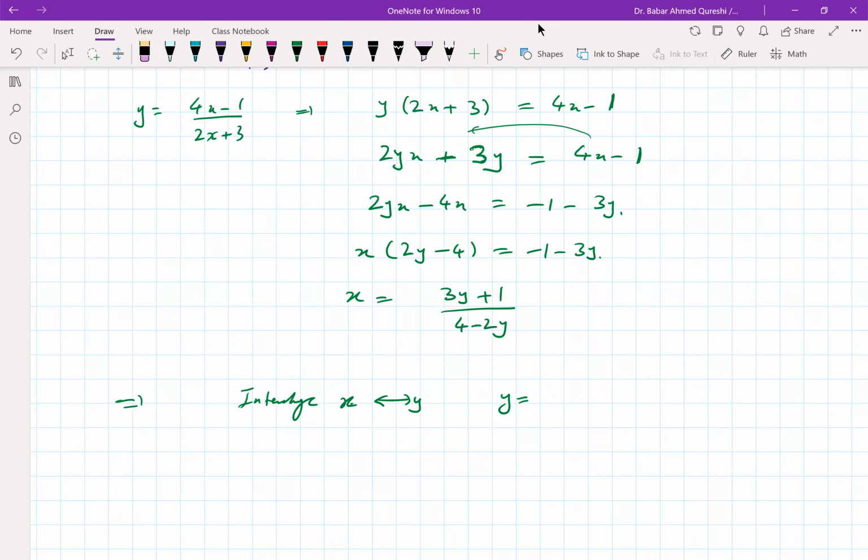Let's call it a new function. y is equal to g of x is equal to (4x plus 1) over (4 minus 2x), the inverse function. What else can I do?